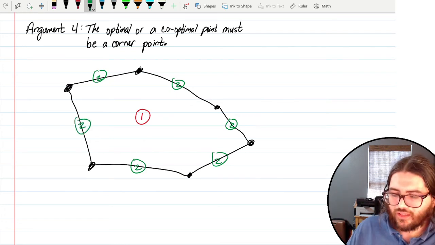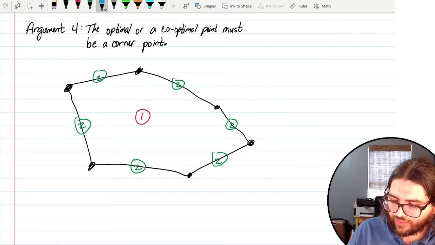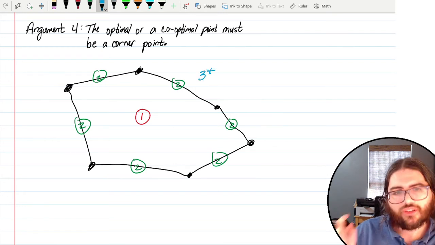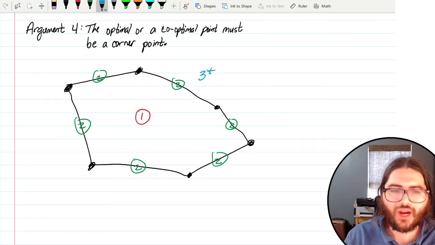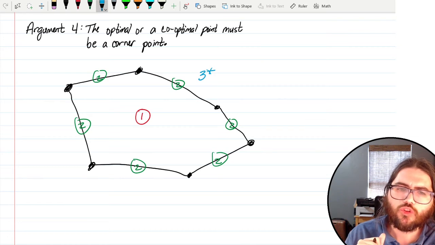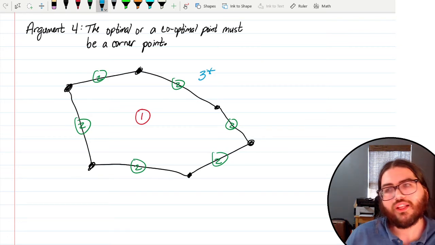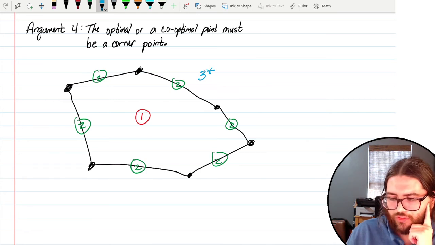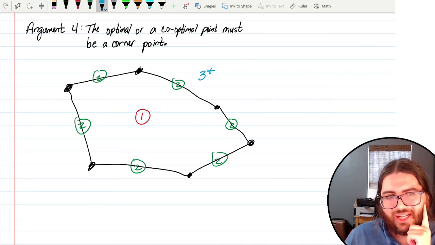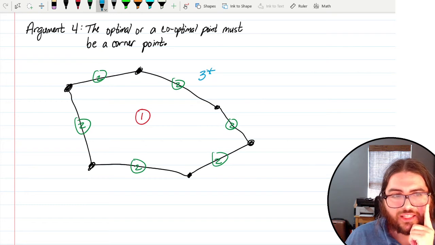The little asterisk on 3 says that these may be co-optimal, but they're never going to be uniquely optimal. And so let's see what this looks like. So if it can never be in the middle, it has to be on the edge.